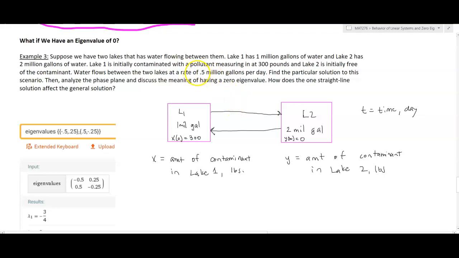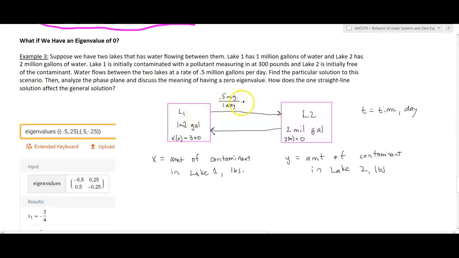So I have a flow rate. Water flows between the two lakes at a rate of 0.5 million gallons per day. So let's focus just on what's coming out of Lake 1. That's going to be 0.5 million gallons per 1 day. And what's coming out depends on what's inside.